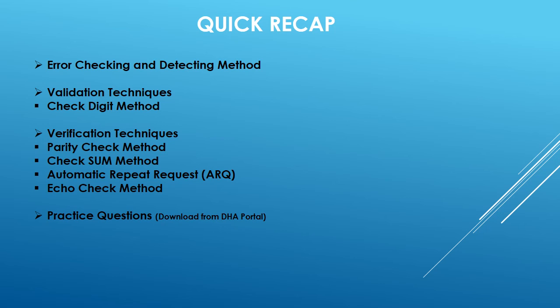In validation techniques, we discussed range check, length check, character check, format check, limit check, presence check, consistency check, and check digit. Check digit is the method which is used to detect three types of error. Number one, transcription error, when you are entering something and you have entered it wrong.